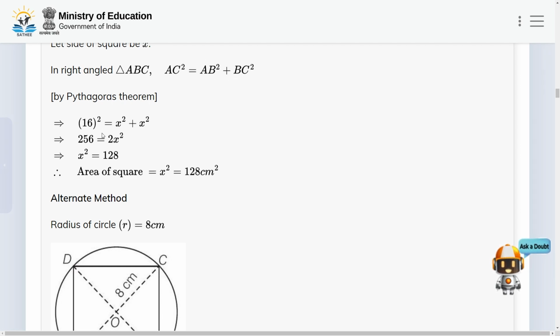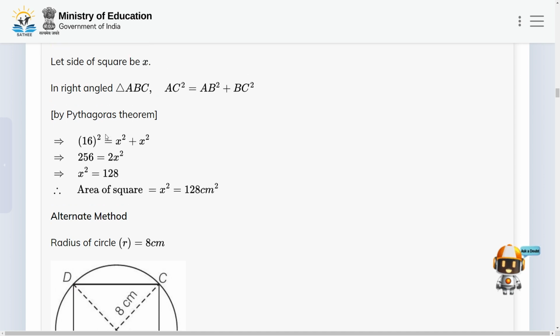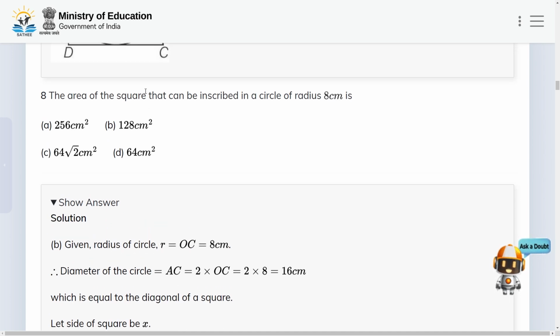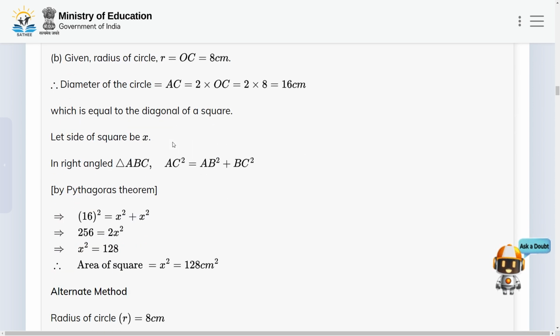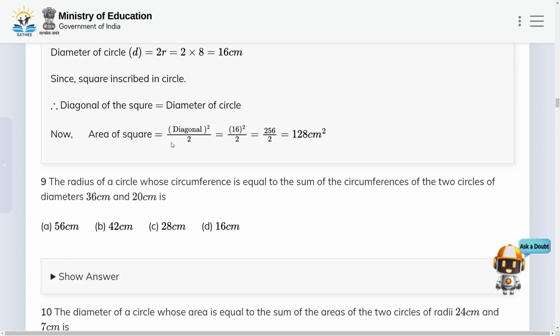So it implies 16 square is equal to x square plus x square, and it implies 256 is equal to 2 times x square, and it implies x square is equal to 128, and therefore area of square is equal to x square, which is 128 centimeter square. So here the correct answer is option number B. And now let us move to next problem.